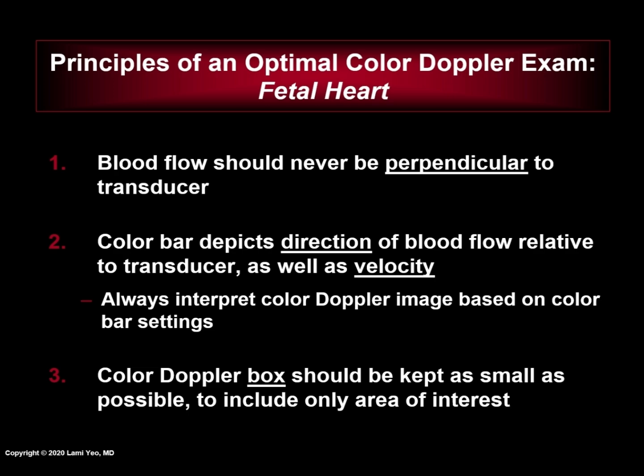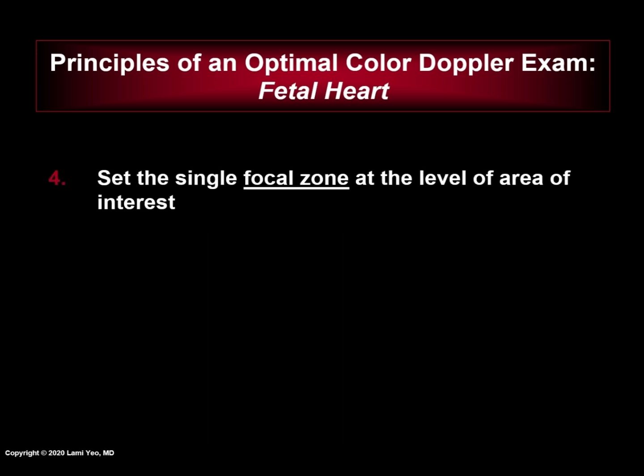Third, the color Doppler box should be kept as small as possible to include only the area of interest. A small box may lead to an increased frame rate and better overall color resolution and sensitivity. Fourth, to optimize the color flow image, set the single focal zone at the level of the area of interest.